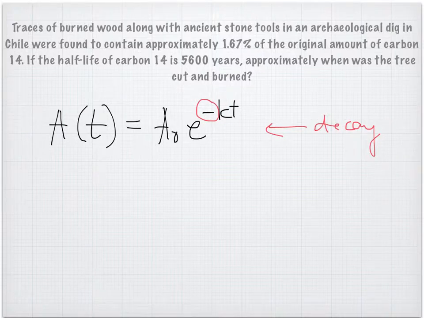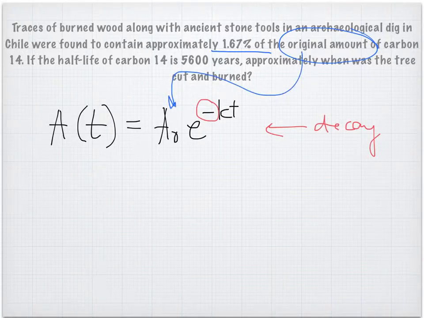negative kt. Now, if we analyze the problem, it is saying that currently the remaining amount is just 1.67% of the original amount. And the original amount that it is talking about is the initial amount.